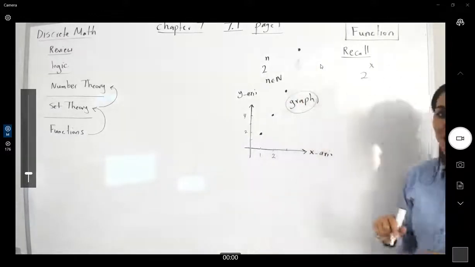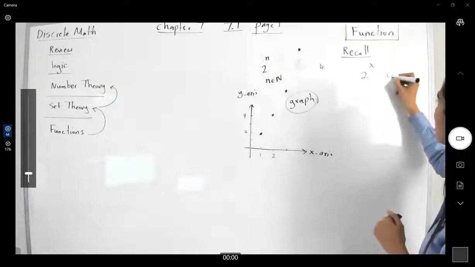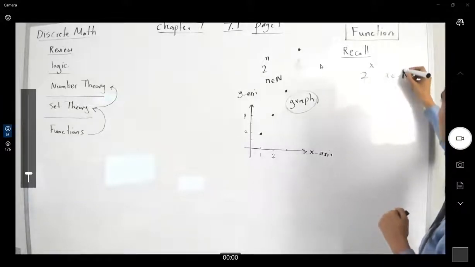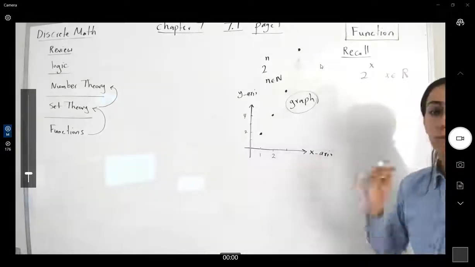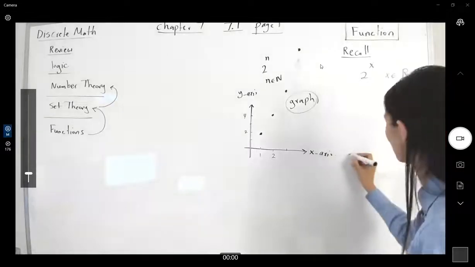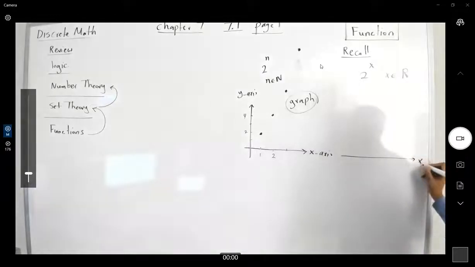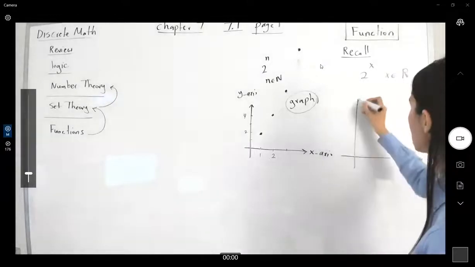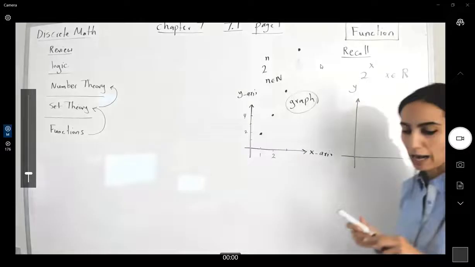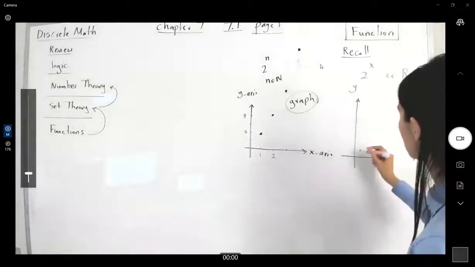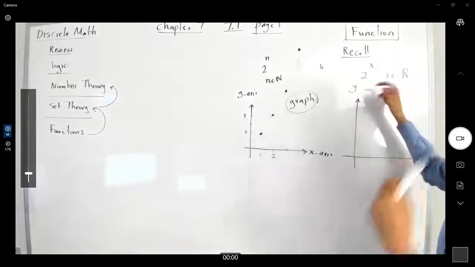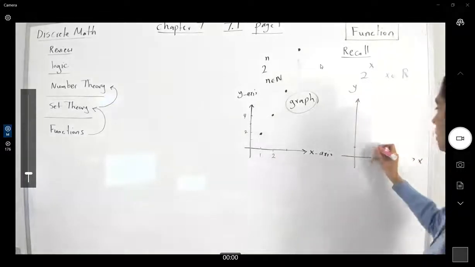But in calculus, x belongs to R, the real numbers. All these gaps will be filled. There we go. So we have the x-axis, then we have the y-axis, and when we try to graph this function, the graph is going to be like this. Well, if I plug in 0, I get 1. If I plug in 1, I get 2.